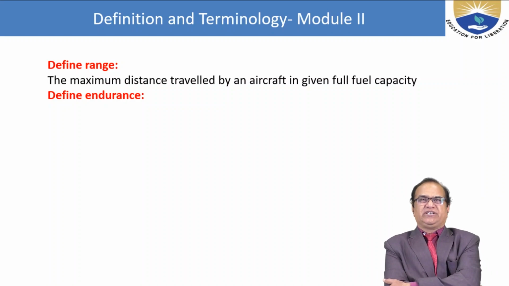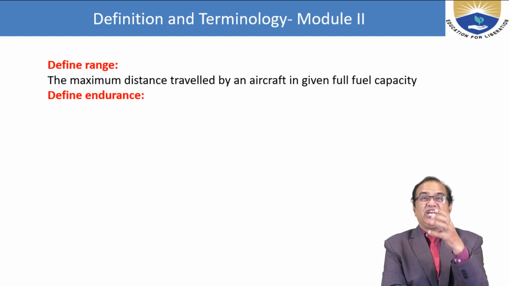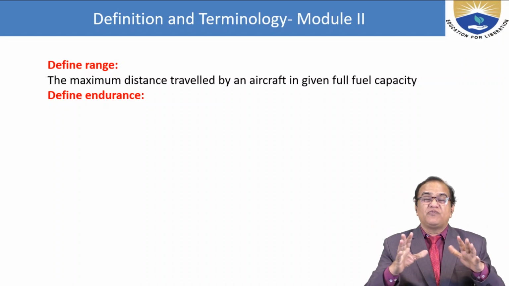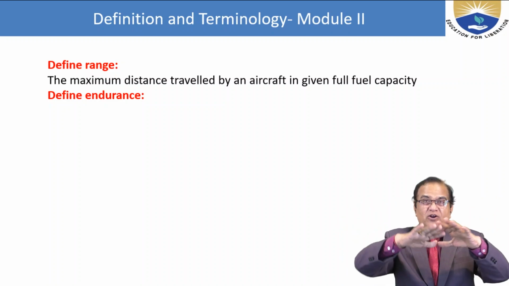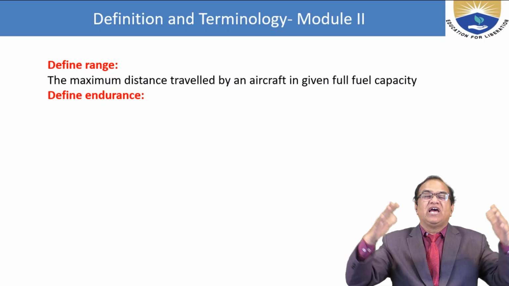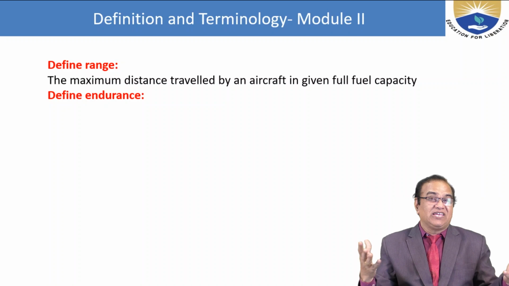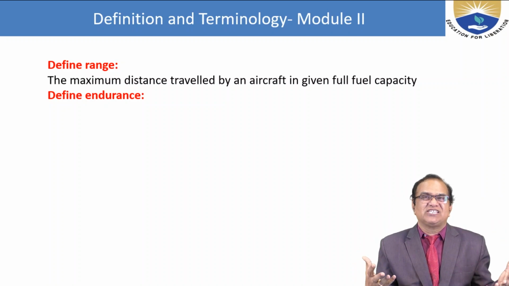Another very important definition is endurance. Range is the distance, but endurance is not distance; it is how much time it can fly. If you want to go a very long distance, you have to define the range. But if you want to fly in a certain location and stay in the air for some time, like flying the aircraft for surveillance and reconnaissance purposes, our objective is not the range.